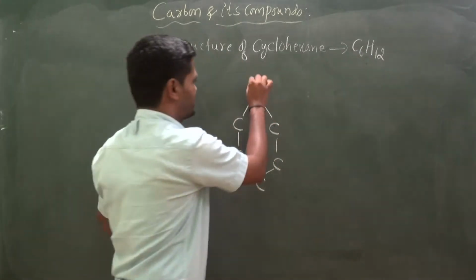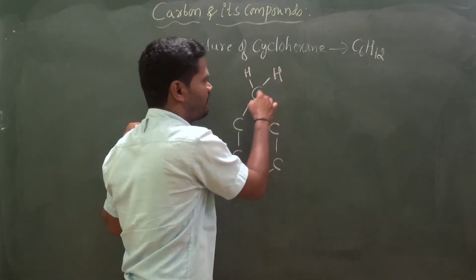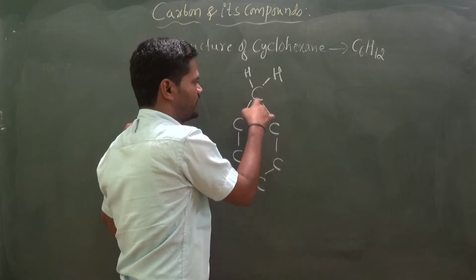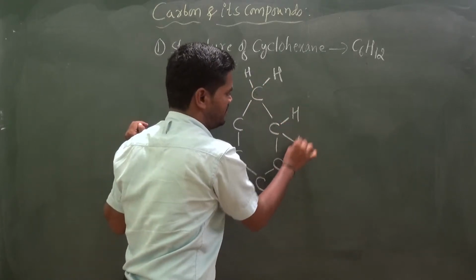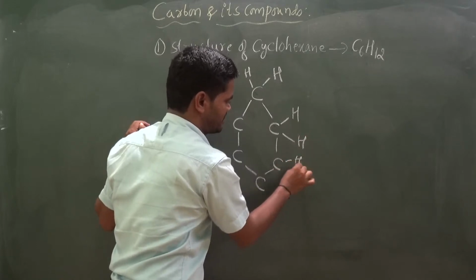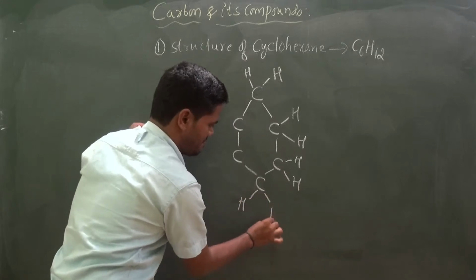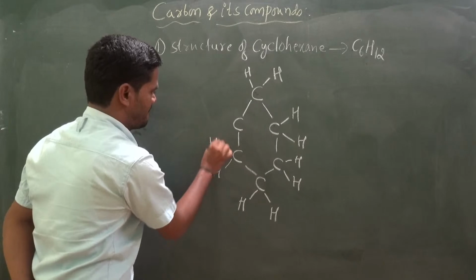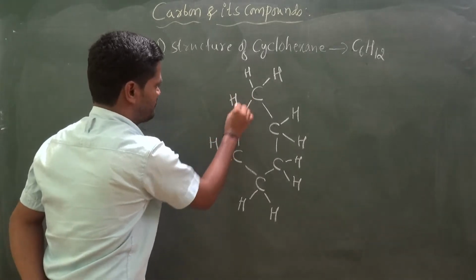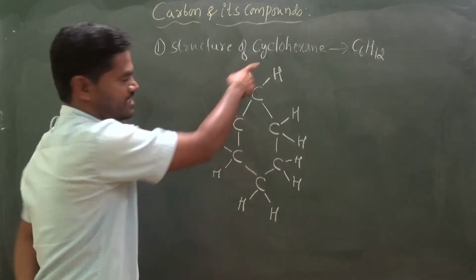Then you have to satisfy the hydrogens. For this one, 1, 2, 3, 4, so the valence of the carbon is satisfied. In a similar way, we write it like this. So this one is the structure of cyclohexane.